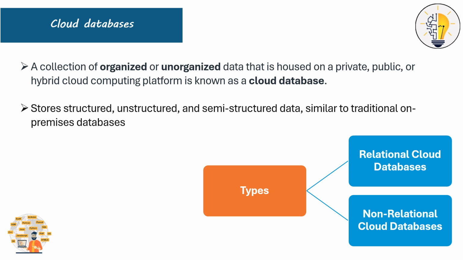The parent, child, whatever entities will already be predefined and arranged, so you call it a fixed data schema. It also uses structured query language, that is SQL, so that the data can be manipulated and queried. Next, the non-relational cloud database. This database stores and manages unstructured data, so there is no fixed data schema.